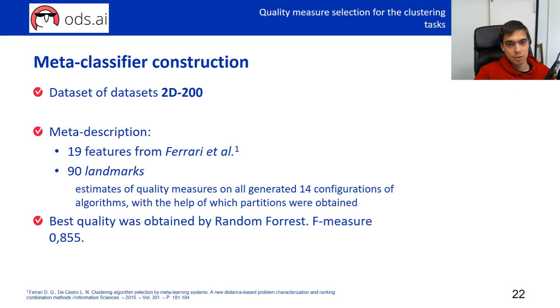It was proposed to choose a random forest algorithm as the best meta classifier because it gave us the highest F measure.